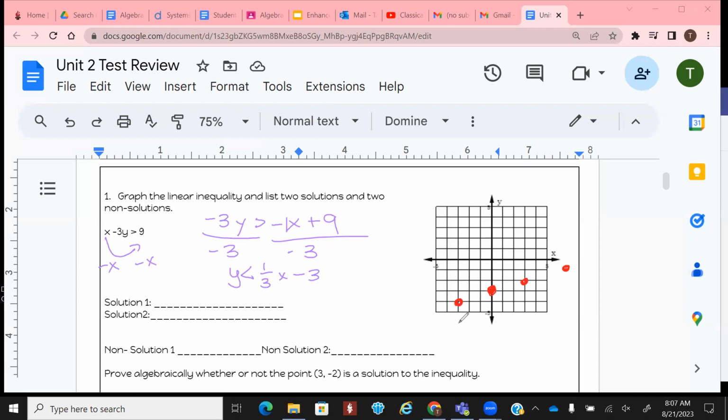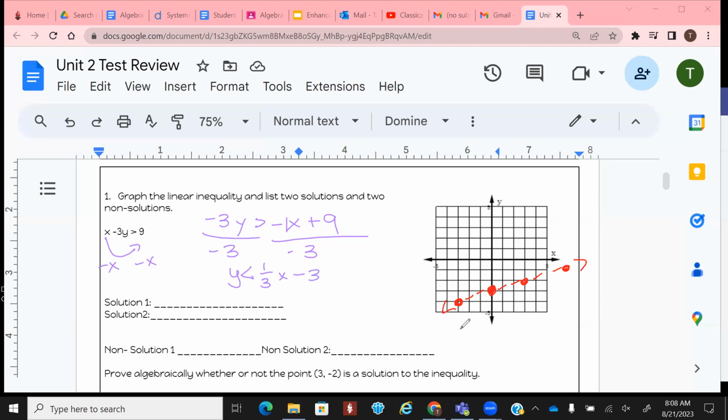Is this going to be a solid or a dashed line? How do we know? Okay, so it doesn't have that line underneath, so it's going to be a dashed line. Now, how do we know whether or not to shade above or below? You can plug in a point, right? Yep.